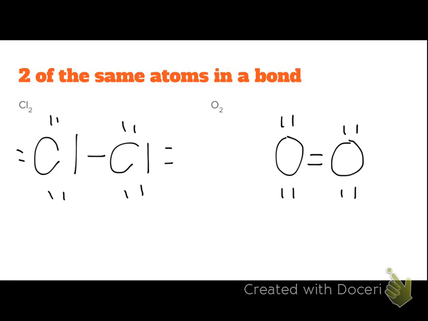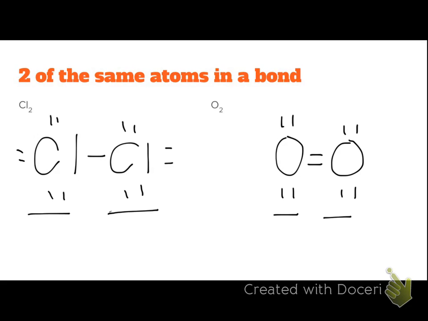Now, you're probably thinking, how do I have a dipole between two things that are the same atom? Because I can't compare the electronegativity of oxygen to oxygen because it's the same. I can't compare the electronegativity of chlorine to chlorine because it's the same. So you're right in thinking that.